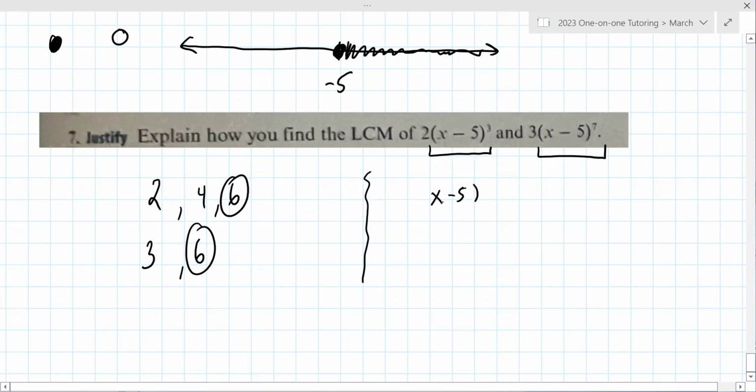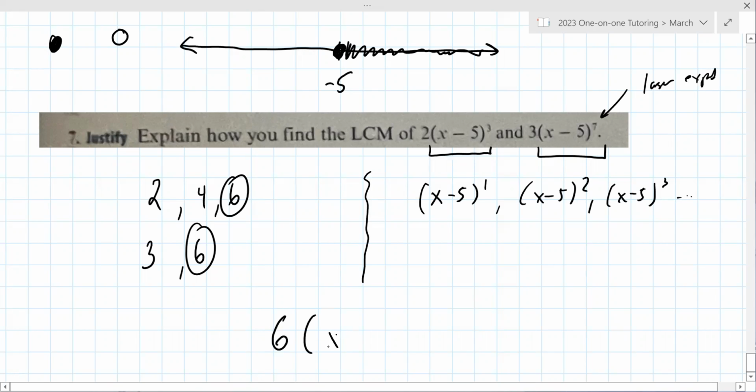It's like (x minus 5) to the power of 1, (x minus 5) to the power of 2, and you keep going, but you just choose the larger exponent. So it's 6 times (x minus 5) to the 7th.